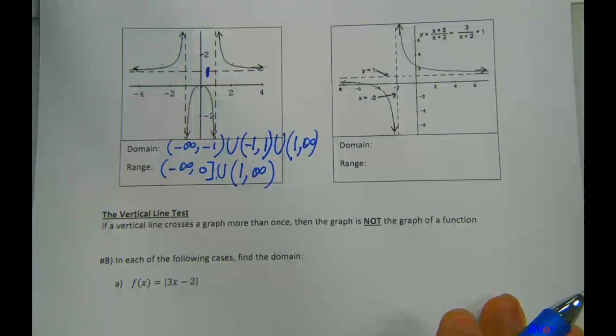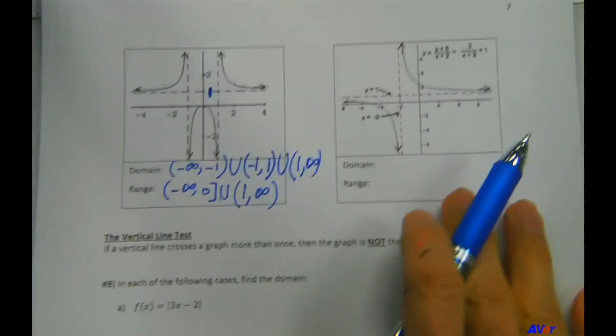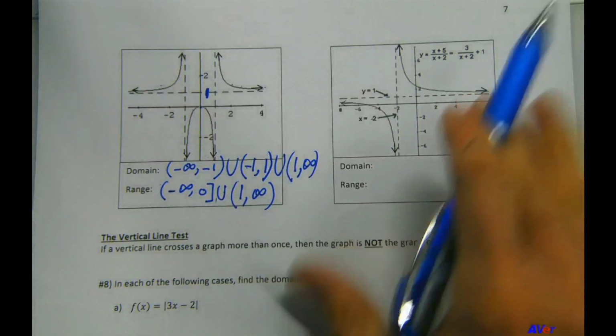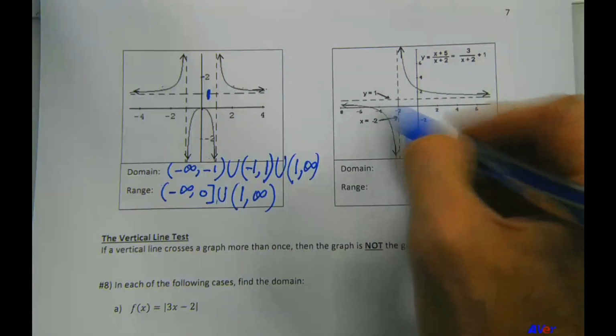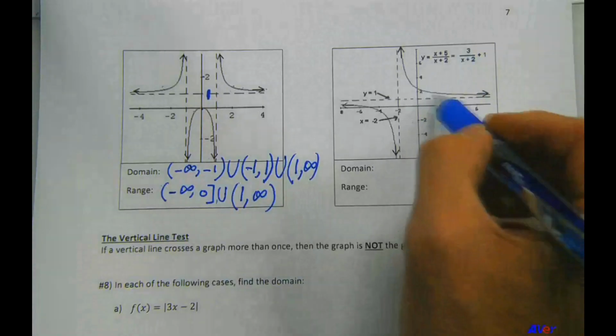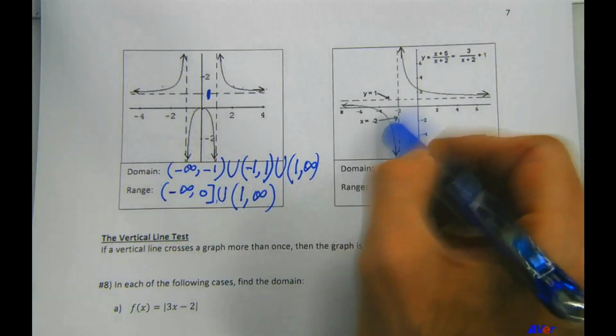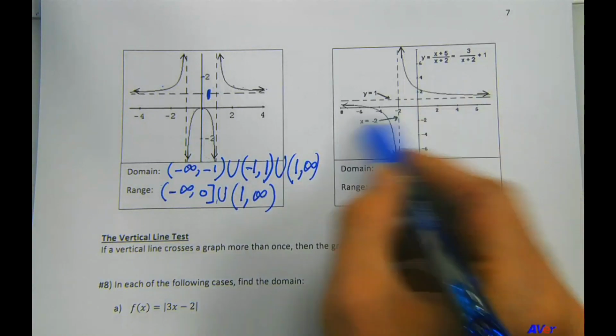Okay. So now this one, we have another graph with two pieces. We have to be careful where this curve stops and where it begins. So domain means we need to focus on the behavior of these two pieces with respect to the x-axis.